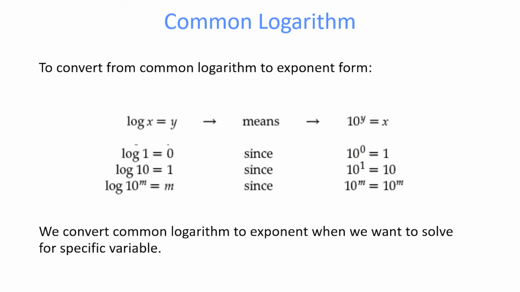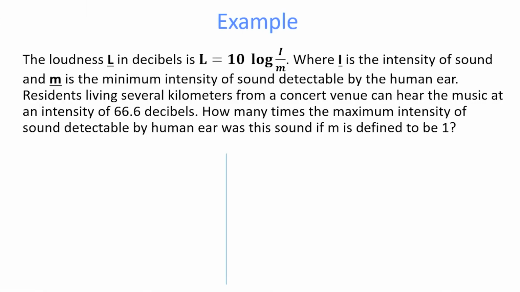So we can convert common logarithms if we want to solve for a certain specific variable. Now let's take an example. The loudness L in decibels is L = 10 log(I/m), where I is the intensity of sound and m is the minimum intensity of sound that is detectable by the human ear.